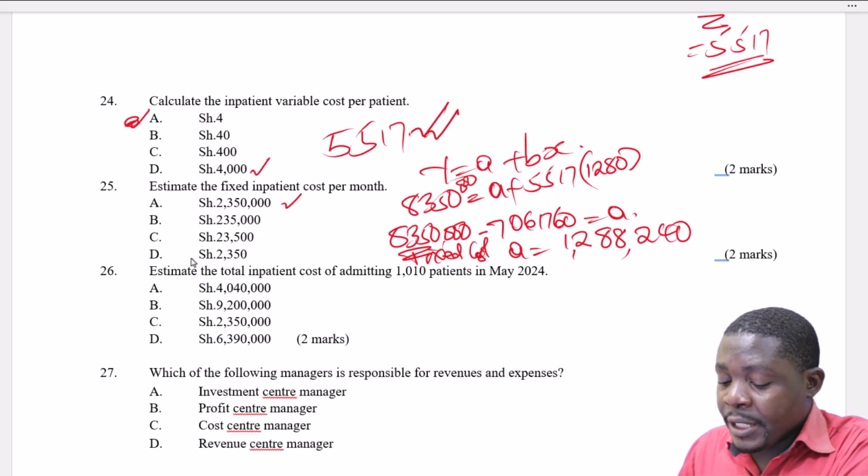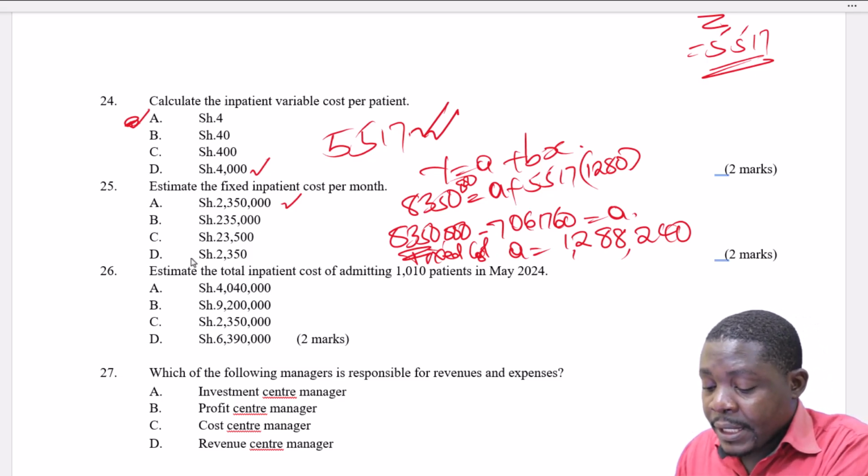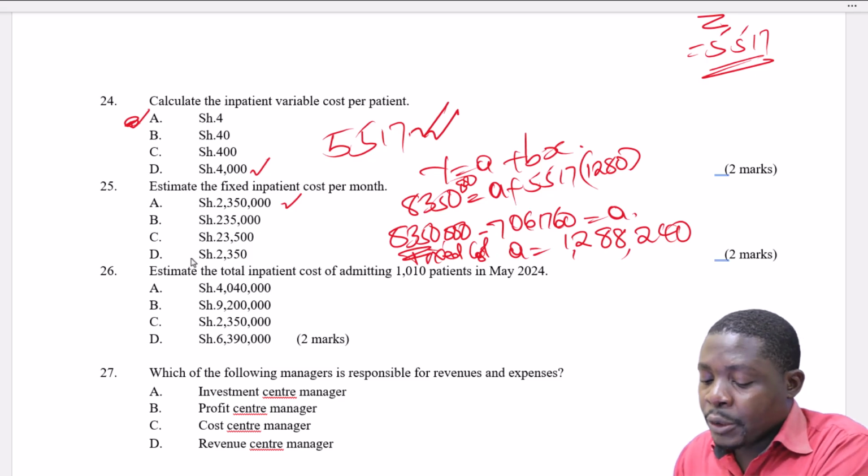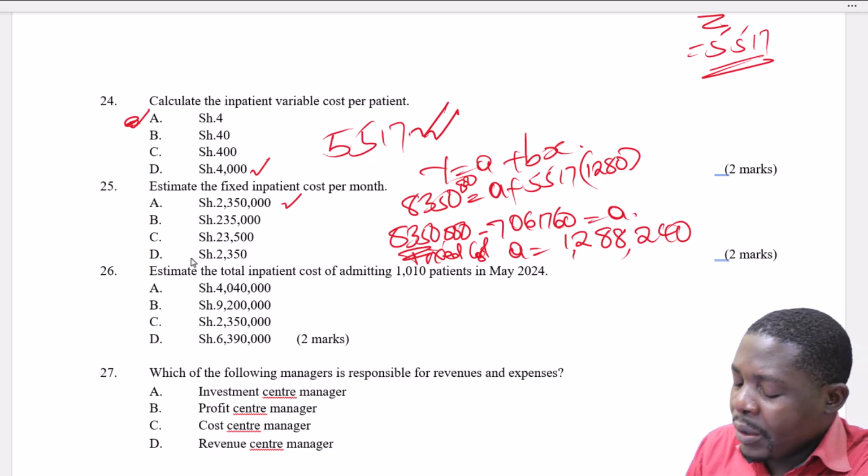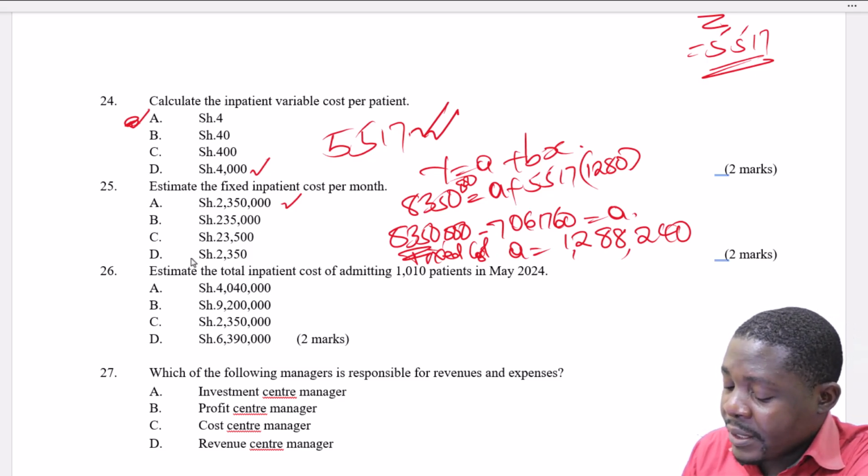Then estimate the total inpatient cost of admitting 1,010 patients.